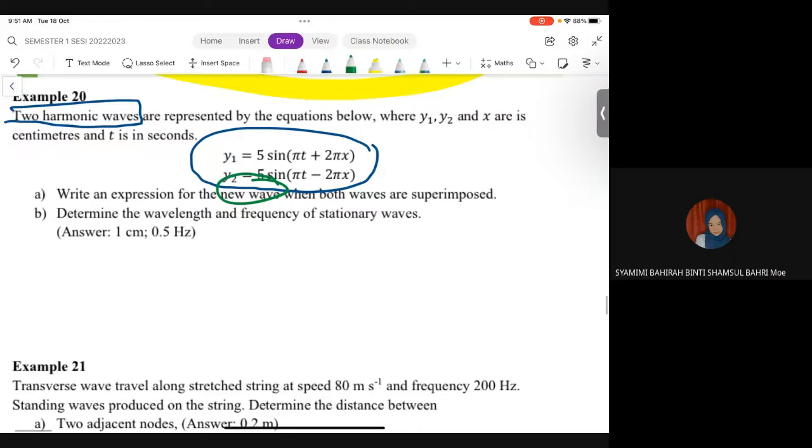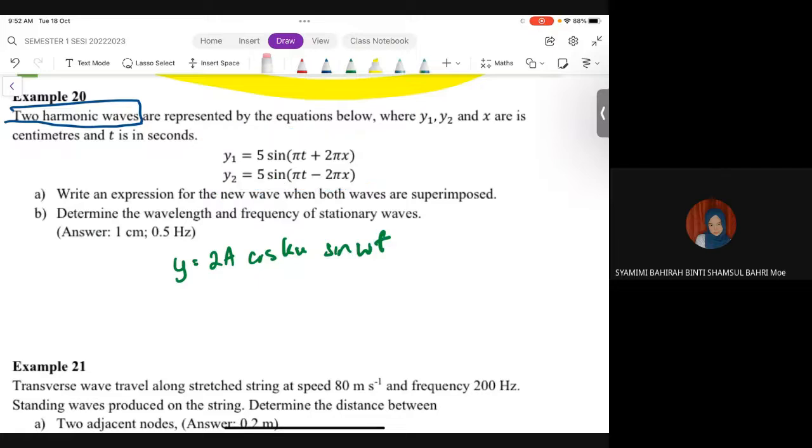So, y sama dengan apa dia? y = 2A cos kx sin ωt. Okay, so dari sini nanti tulis general y sama dengan A sin(ωt + kx).